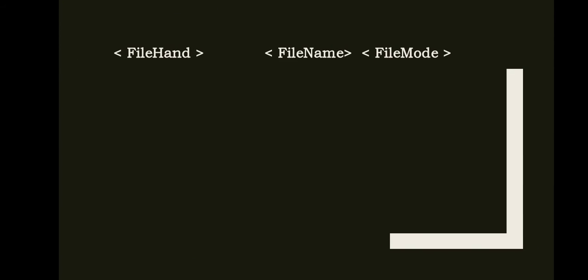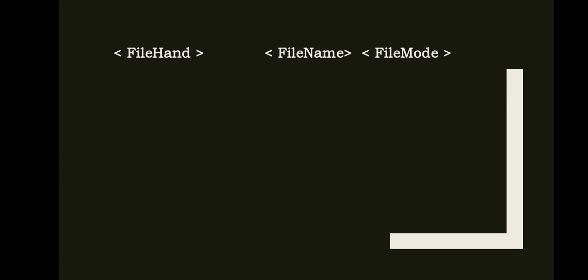coding. Now here I would like to start with the file handle or file object. A file object is basically an object or a variable which stores the address of a particular file which will be used or which has been created.